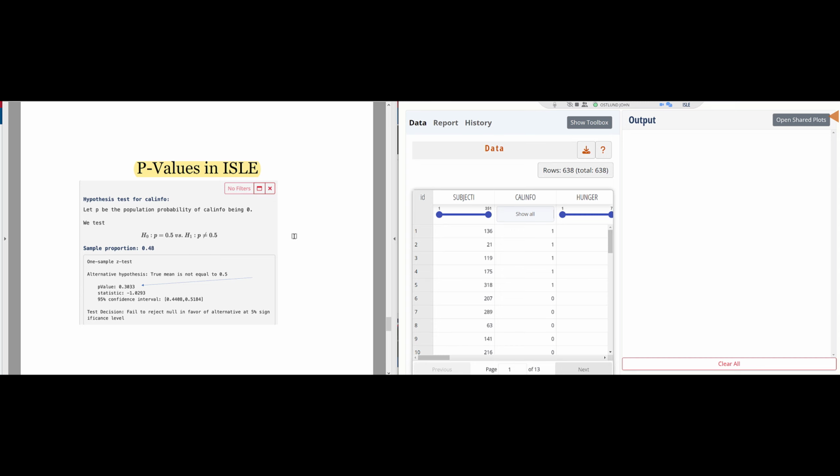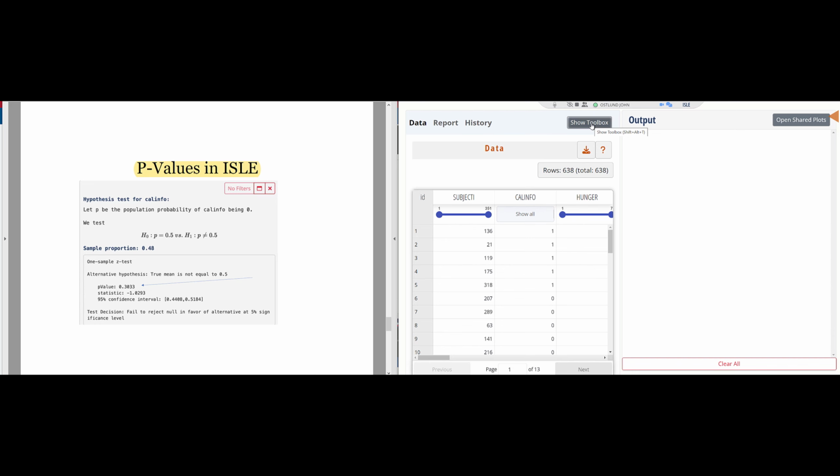It wouldn't be absolutely necessary to give half of the people calorie information, but in a situation like this, that's the most reasonable thing to do, is to give half the people calorie information and not give the other half calorie information. So this is going to be a hypothesis test about proportions.